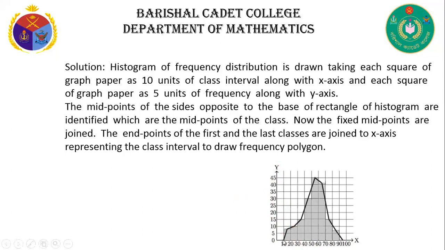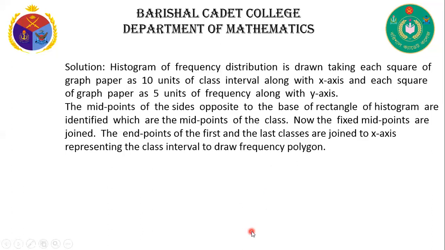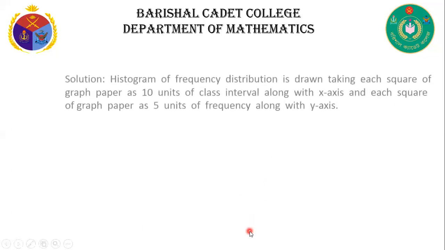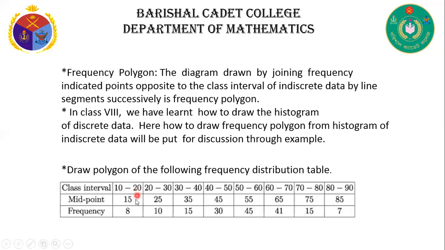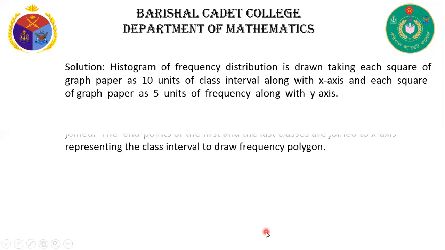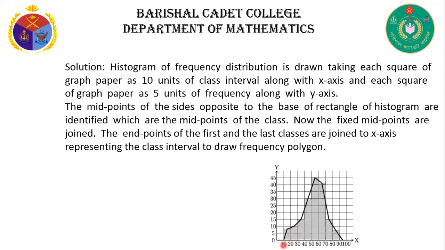Our given data: 10 to 20, then frequency 8, and 20 to 30, then frequency 10, and 30 to 40, frequency 15. Putting these values on the graph paper, we can write 10 to 20, frequency 8, and 20 to 30, frequency 10.